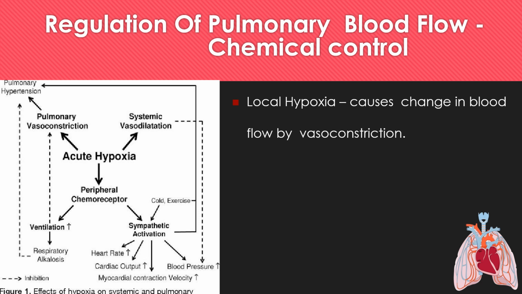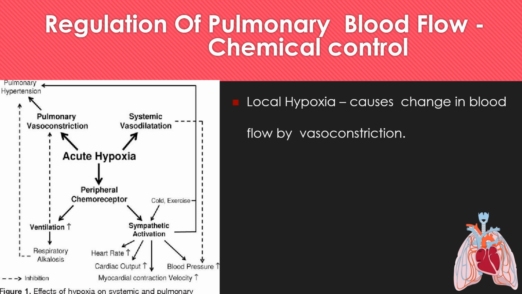So there is a phenomenon that causes vasoconstriction. By causing vasoconstriction following a local hypoxia, it diverts the blood from the hypoxic area to another, better ventilated area, so that pulmonary blood can be better oxygenated. So this is the phenomenon.